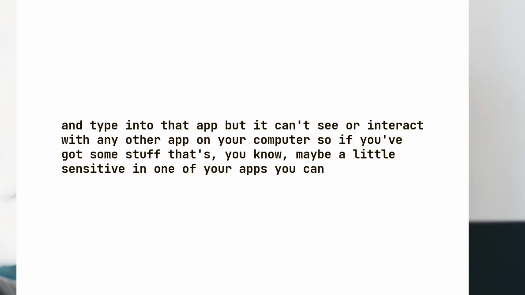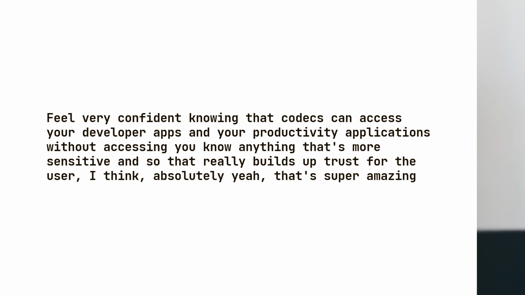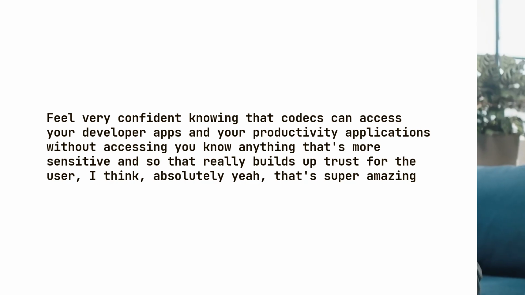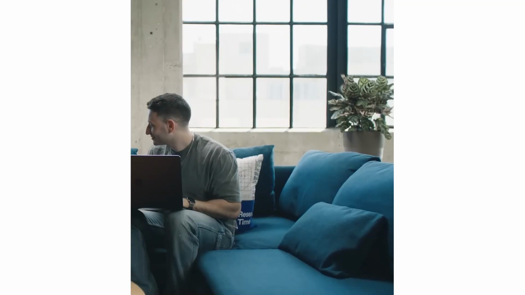So if you've got some stuff that's maybe a little sensitive in one of your apps, you can feel very confident knowing that Codex can access your developer apps and your productivity applications without accessing anything that's more sensitive. And so that really builds up trust for the user, I think. Absolutely, yeah, that's super amazing. It's not like streaming your whole desktop or accessing all your files. It's more like case by case, app by app, as you try to be productive, you're giving Codex the permission to do so.